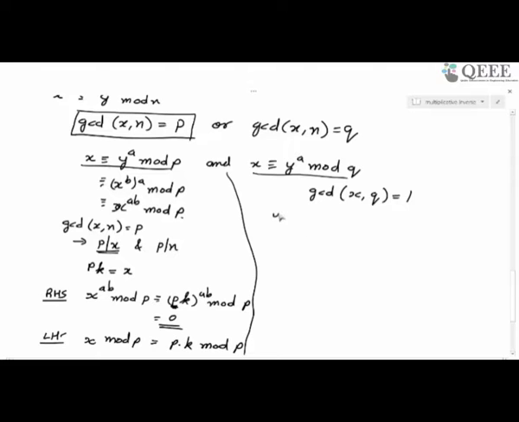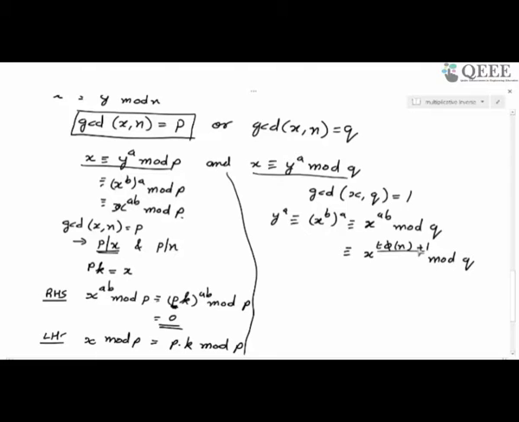Therefore y to the power of a is congruent to x to the power of b to the power of a, which is congruent to x to the power of ab mod q, and could be written as x to the power of t phi of n plus 1 mod q.